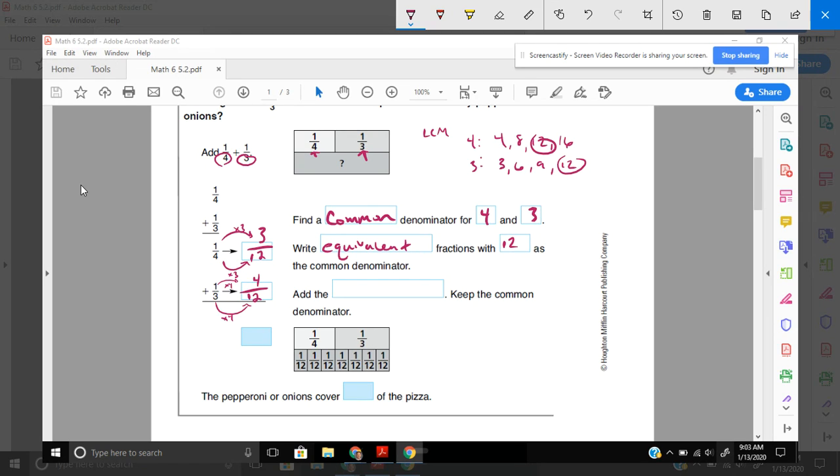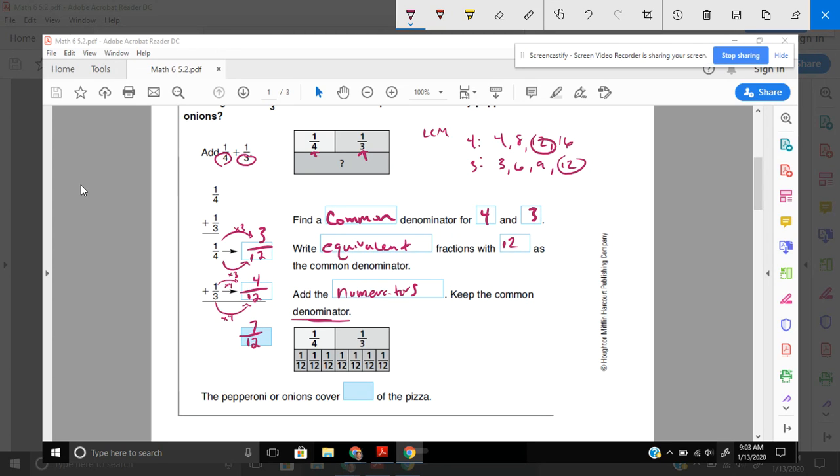And 1/3 is equivalent to 4 twelfths. So now I just need to add the numerators and keep the common denominator. So twelfths would be my common denominator, and 3 plus 4 would be 7.